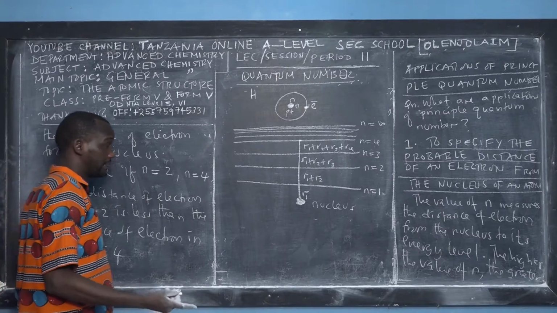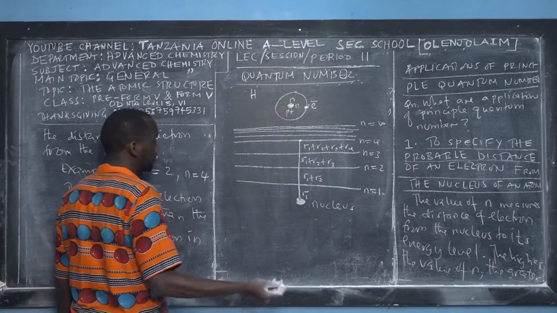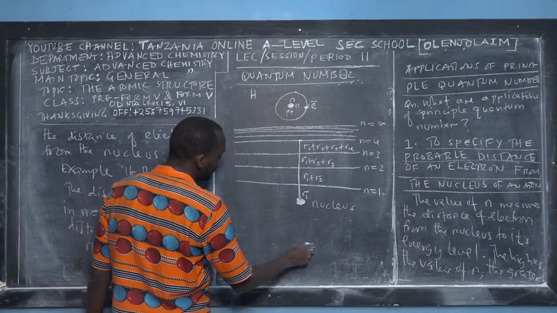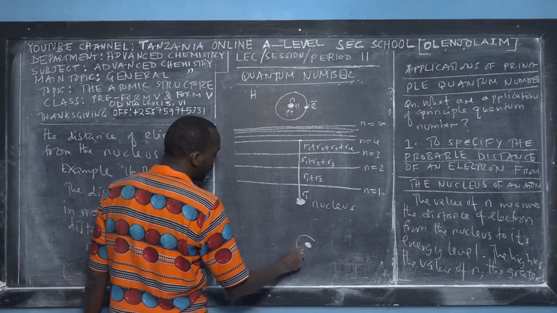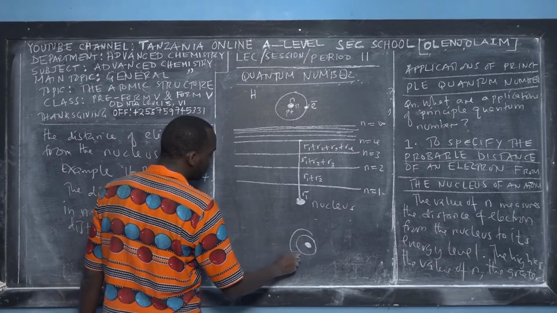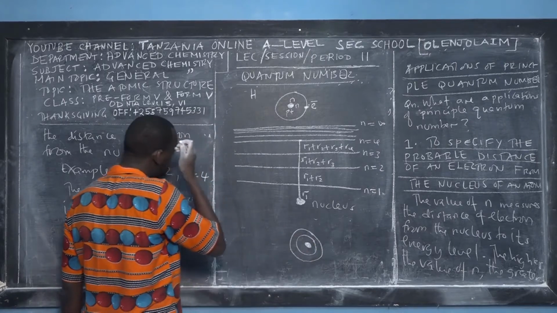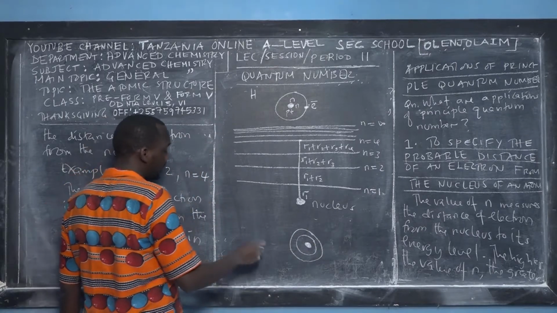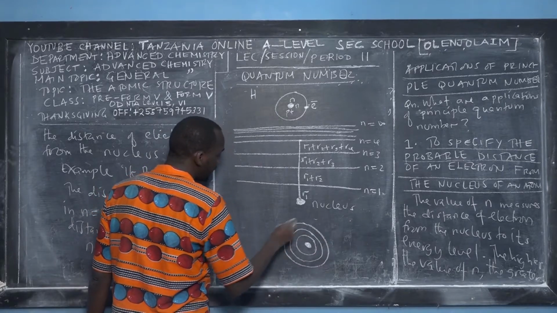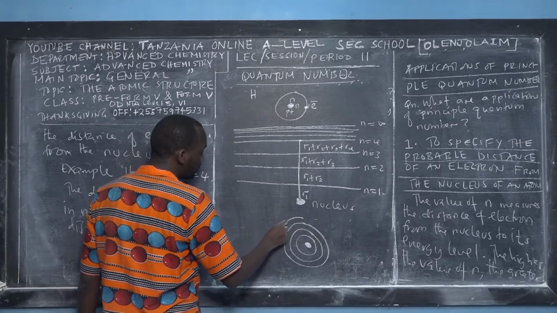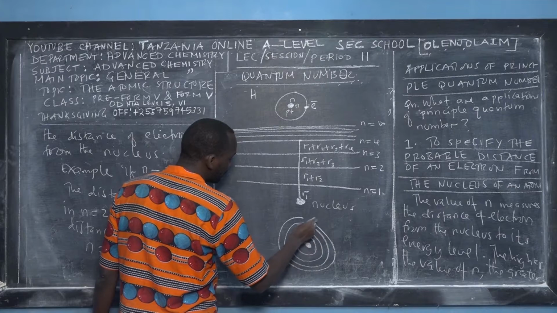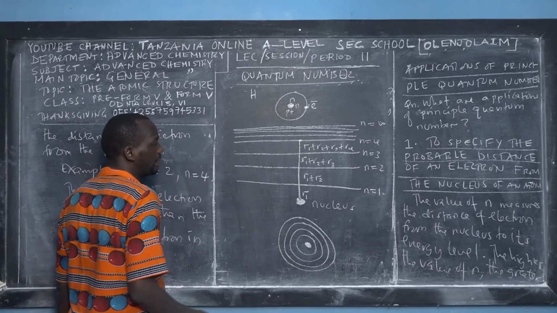However, practically, you will find these energy levels like this. This is the nucleus of an atom, so you find the first energy level with principal quantum number n equals 1, the second energy level, n equals 2, then the third energy level, n equals 3, and the fourth energy level, n equals 4.